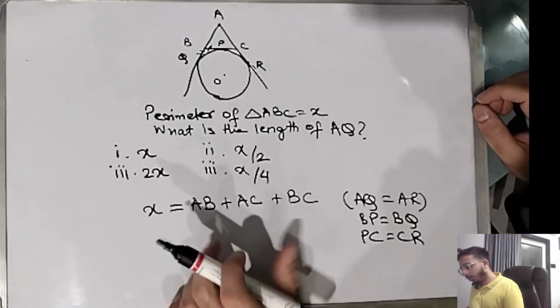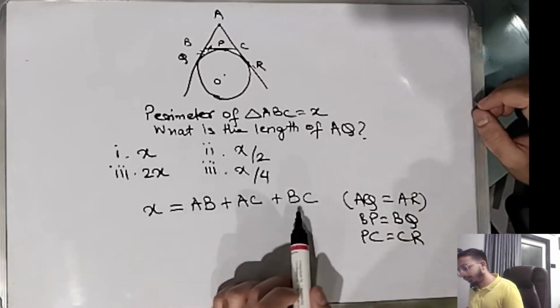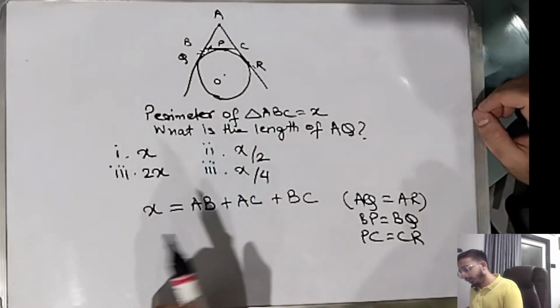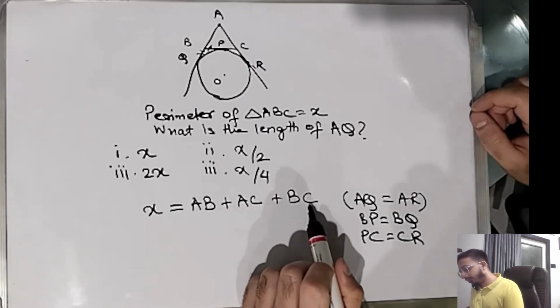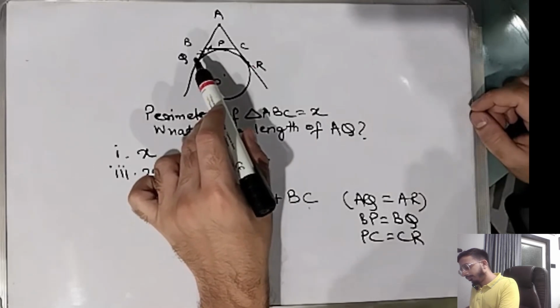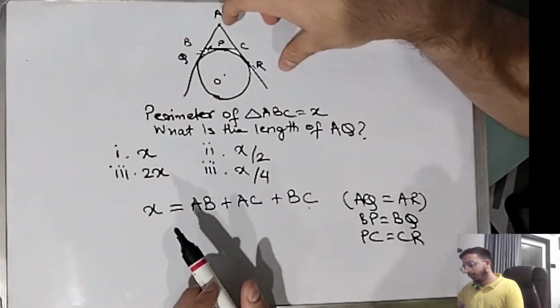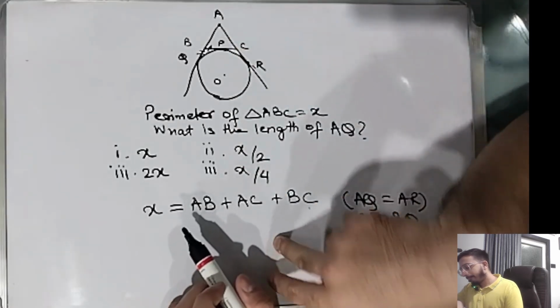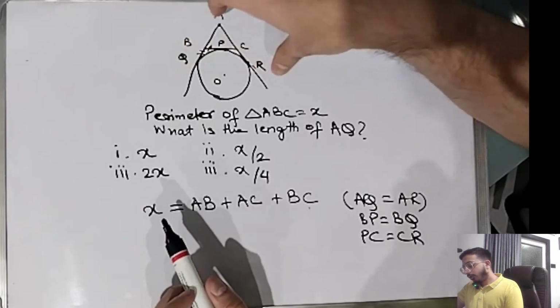Now, how do we convert this in the form of AQ, right? To do that, first we need to convert BC in terms of BQ and CR. Only then we will be able to substitute the value of X in terms of AC and AQ. I mean AR and AQ.